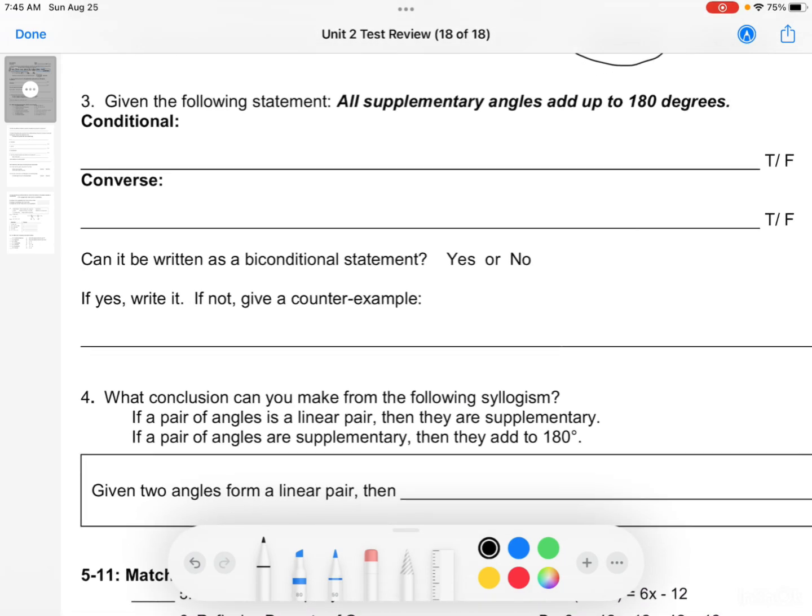Okay, so it says given the following statement, all supplementary angles add up to 180 degrees, we're going to write a conditional and then write what the converse is.